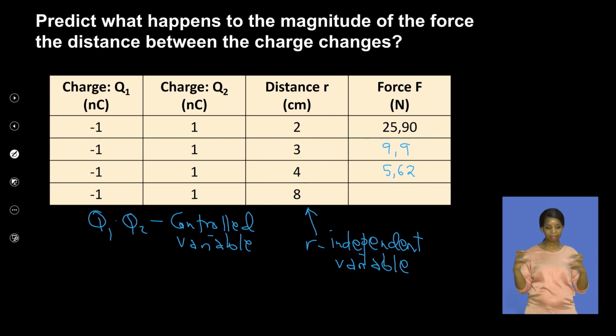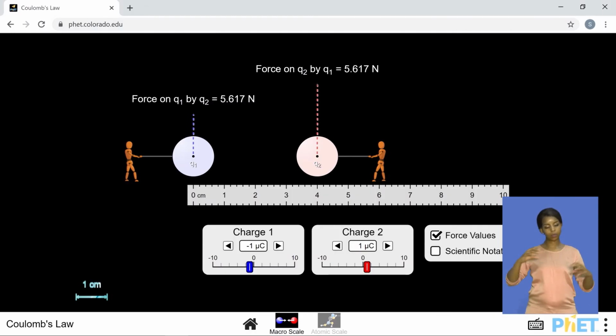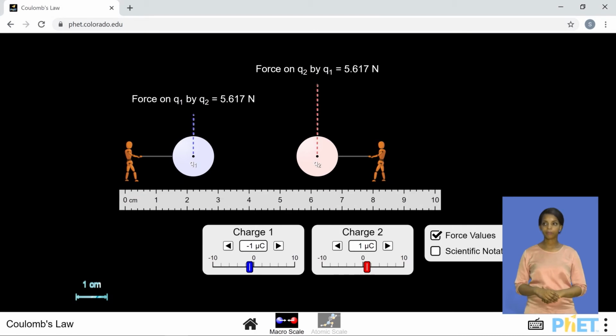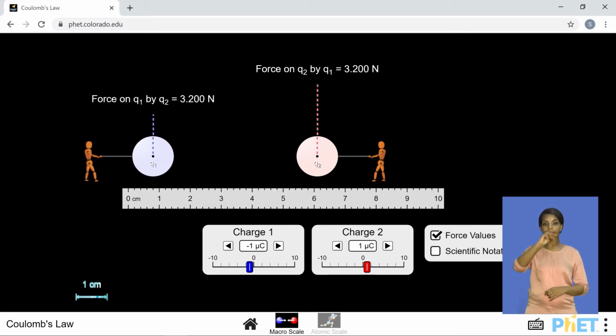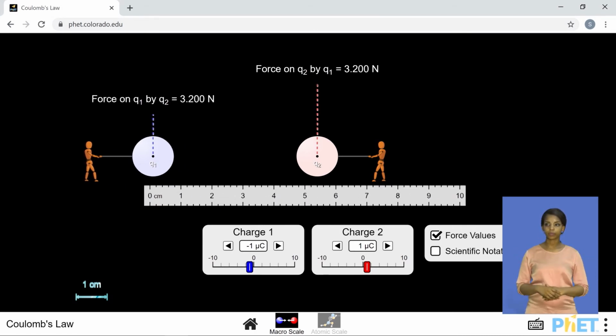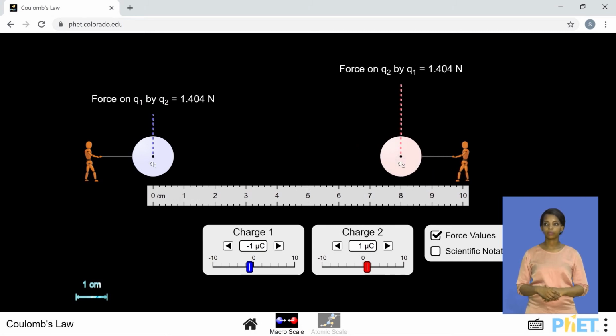Now let's make the distance between them 8 centimeters for argument's sake, okay? If we make the distance between them 8 centimeters, let's move these around so that we create space. So that's 8 centimeters. We take this one there. Now it's 1.4 newtons, okay? Even smaller.